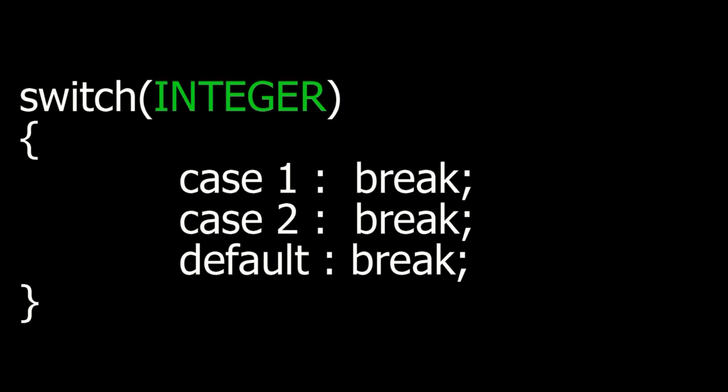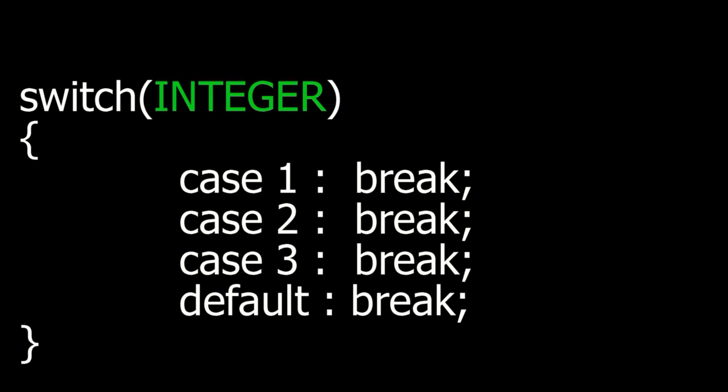If I were to switch on an integer, then I would begin each case with the keyword case, follow it with an integer, then a colon, and then the keyword break, and terminate it with a semicolon. Were the case not matched, I would add other cases, and were they not matched, then eventually the default statement would be reached.